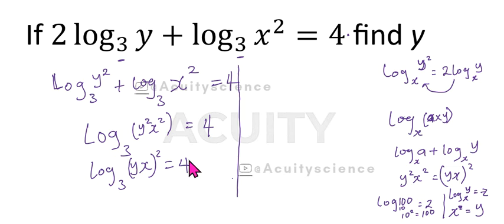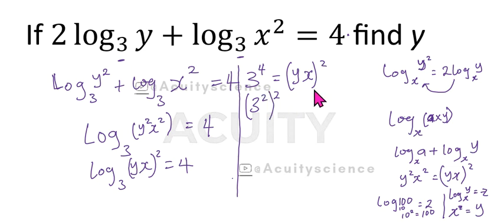So 3 raised to the power 4 will always be equal to yx all squared. Let's make this power 2 so we can compare the bases properly. We've moved from logarithm to indices now. So this is 3 raised to the power 2, raised to the power 2 again, because 2 times 2 will give us 4.